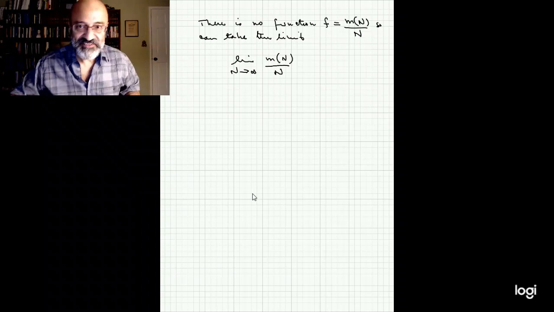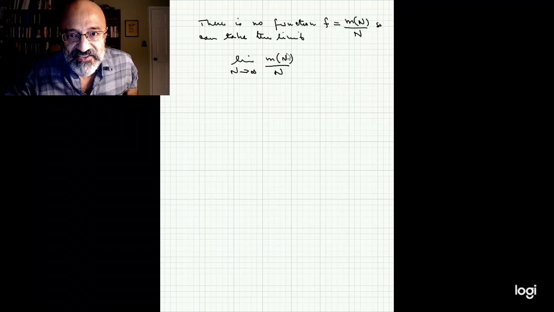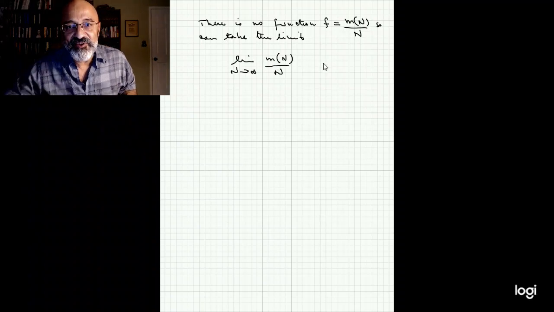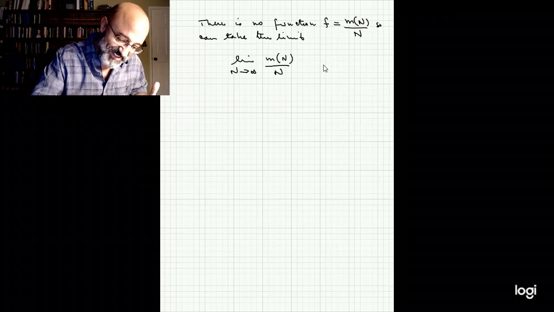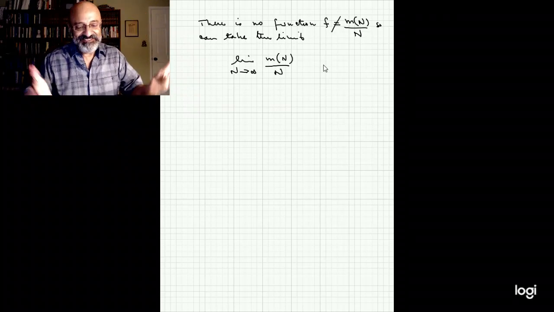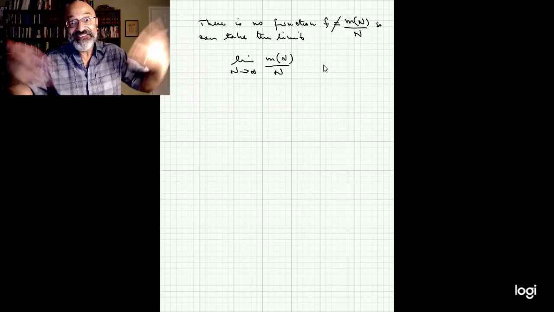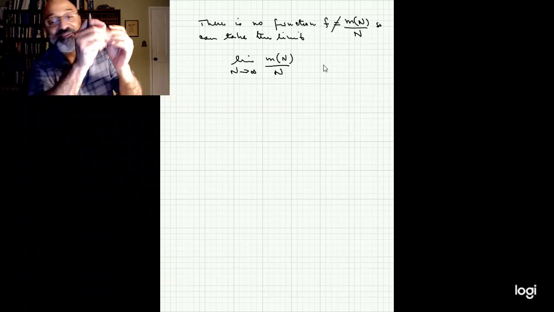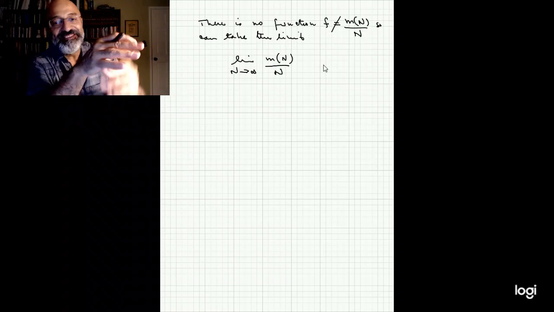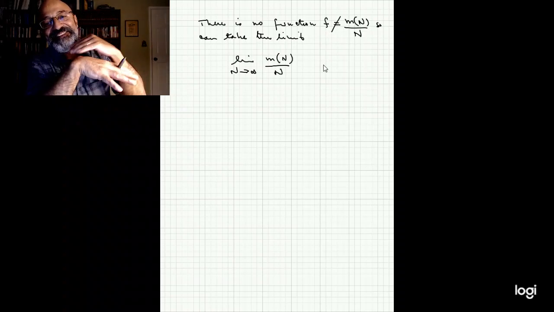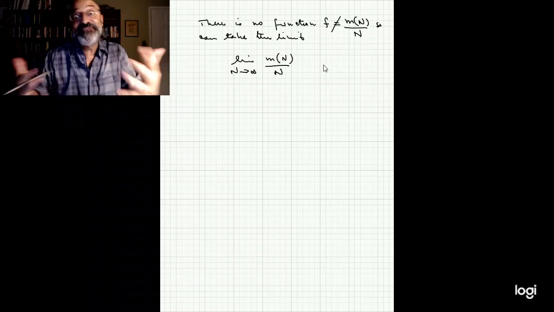This is not defined. There is no such thing as m as a function of n. Remember, m takes all possible values. So it doesn't make sense to take the limit, right? It's not like you try to compute the limit and the limit is infinity or it's zero. No, it's even worse than that. It gets bad before you try to take the limit.